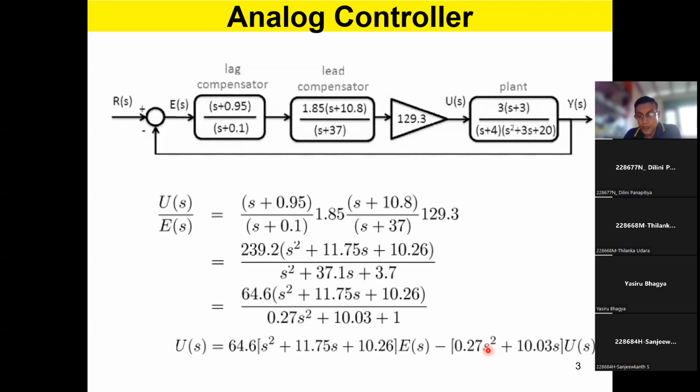So that is the controller. It's a pretty simple mathematical computation to compute the control signal using the previous control signals, the previous errors and the present error. By combining all these things in a mathematical combination, you can calculate the control signal.